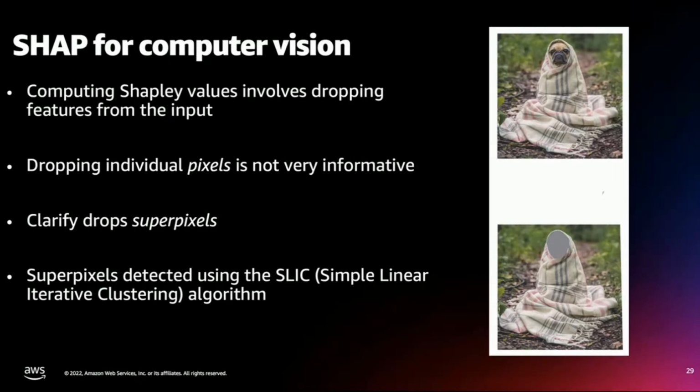These would actually be the raw pixels of which this image is composed, but it would be silly to try to compute the marginal contributions of each pixel. You could see that potentially there's lots of noise, or lots of pixels that are really irrelevant to the ultimate decision. And so instead, what we're doing is first building the so-called superpixels.